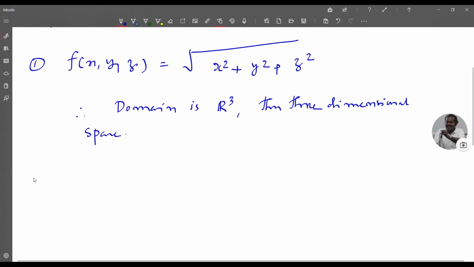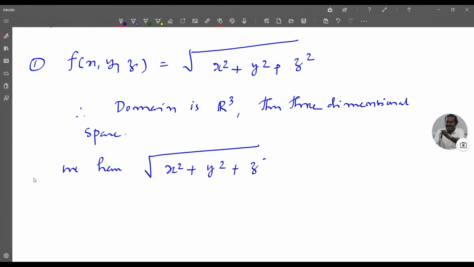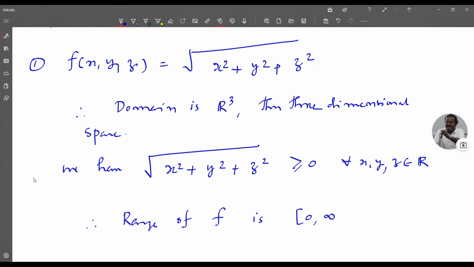And we have square root of x square plus y square plus z square is greater than or equal to 0 for all x, y, z belongs to R. Therefore, range of f is interval 0 infinity closed at 0. So it includes 0.